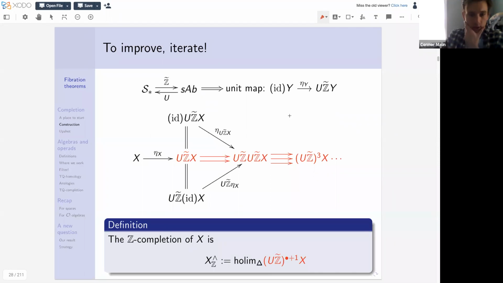Niko? Yes. Is this the same as just doing the plus construction to like the derived subgroup of the fundamental group of X? I think that's like a stable equivalence. I'm not sure. Okay.